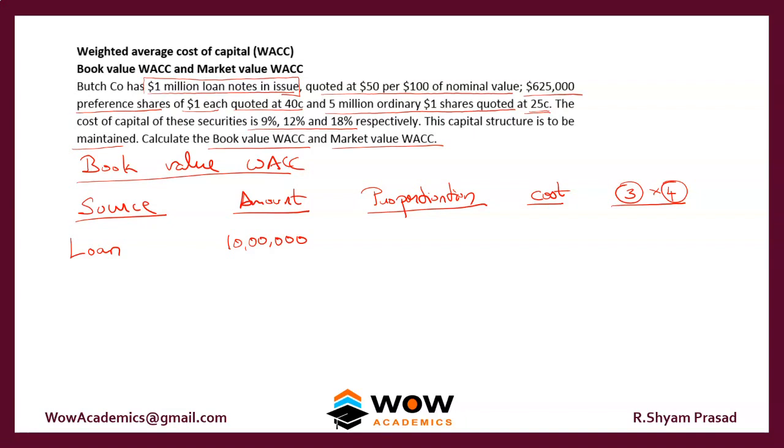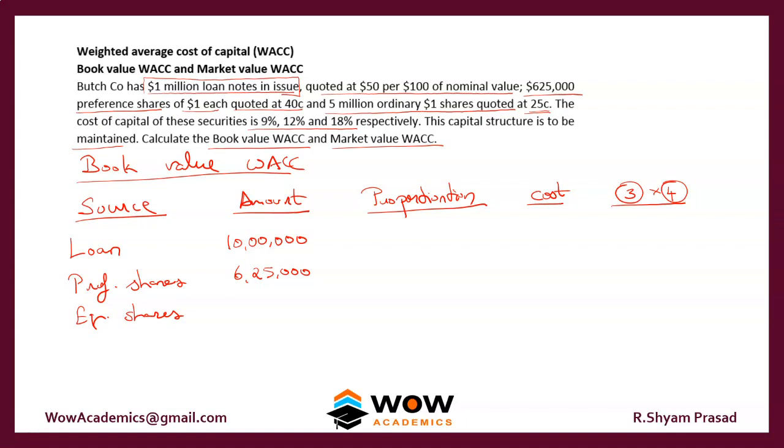The next one is 625,000 preference shares. For preference shares, again, the worth is directly given. 6,25,000 is the total worth. And how many ordinary shares do we have? Equity shares we have 5 million.